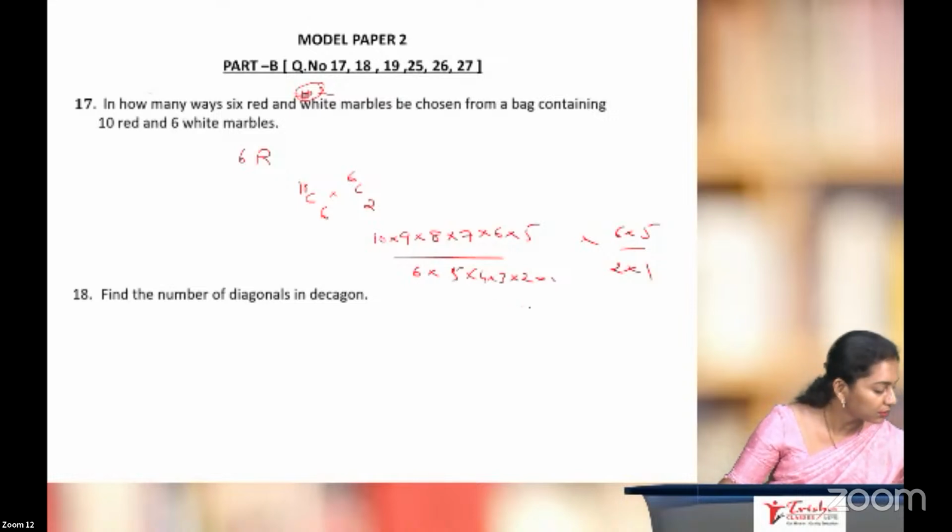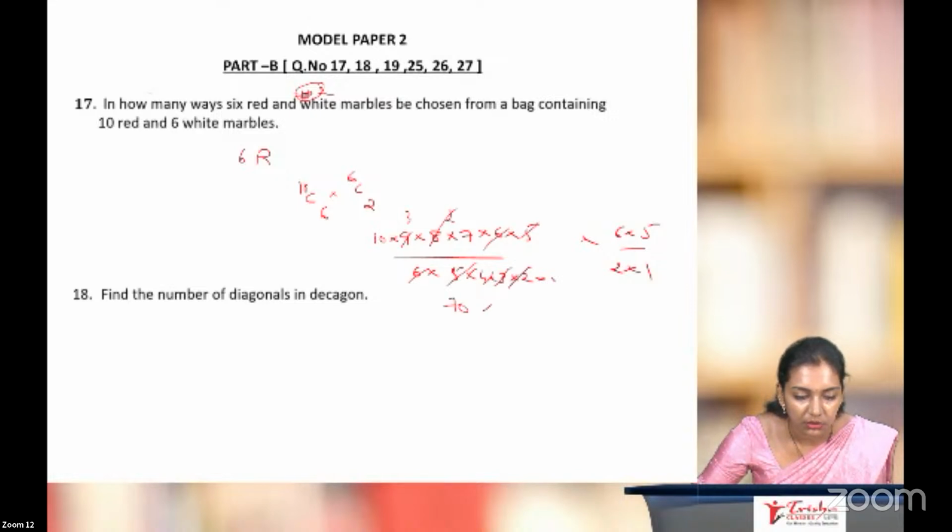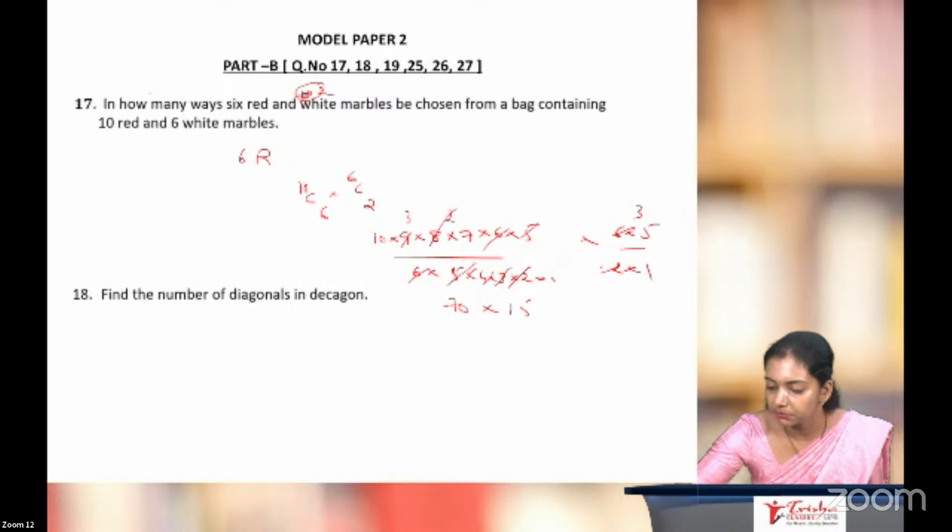So 6 gets cancelled, 5 gets cancelled, and you get 70. 70 into 15 is 1050.